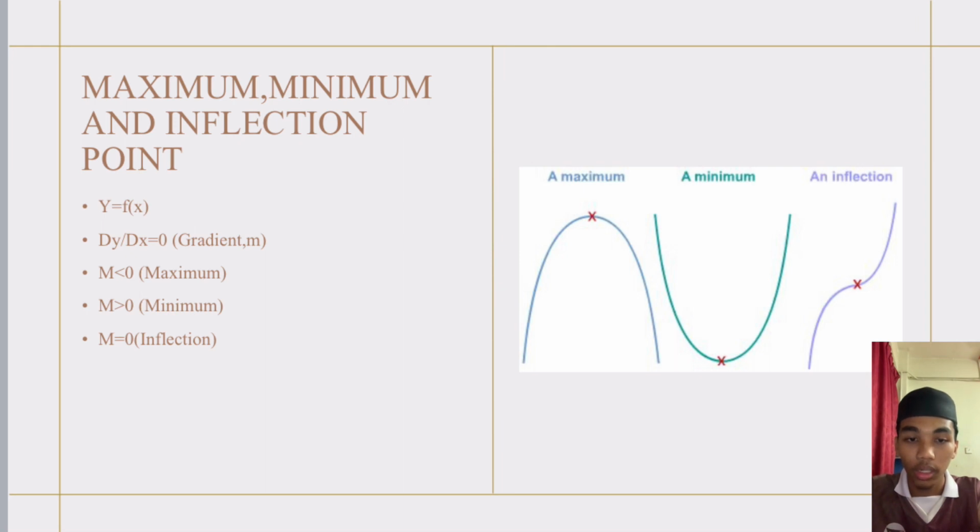Next, m less than 0 is the maximum, and m more than 0 is the minimum. Next, m equal to 0 is the inflection. So you can see on the side there are three examples: a maximum, a minimum, and an inflection.